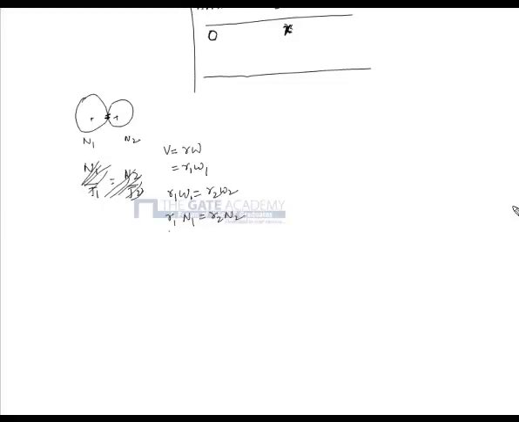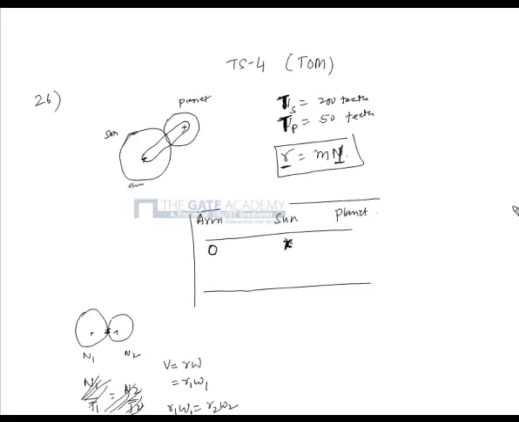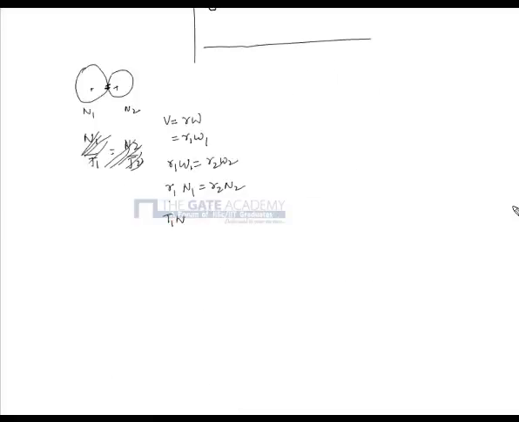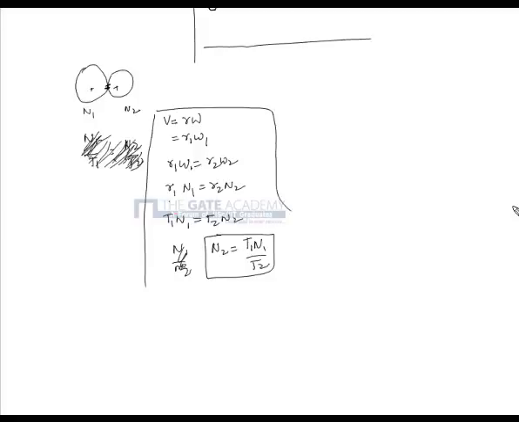Now r can be written in terms of teeth as r is equal to m t, so t1 n1 is equal to t2 n2, and n2 can be written as t1 n1 by t2. This is important because we are going to use this relation. Whenever you forget, you can derive it this way.